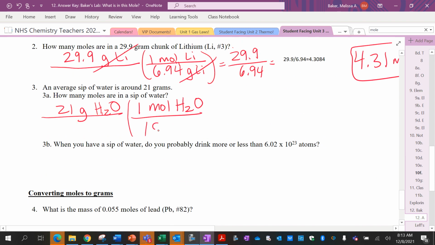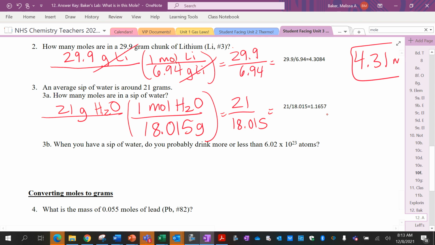Okay, 18.015 grams. So multiply across the top, divide by the bottom. 21 divided by 18.015. Two significant digits. This is 1.2 moles of H2O.